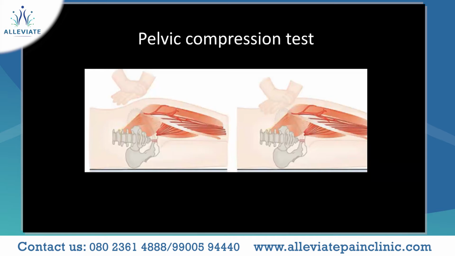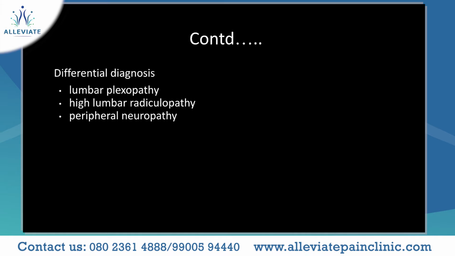In the illustrated diagram, the patient is lying laterally on the unaffected side, and we give pressure over the pelvis for about 45 seconds, and temporary relief of the patient's symptoms may be seen. Differentials, again, for all these lower limb entrapments: you have to rule out three very important things, that is lumbar plexopathy, high lumbar radiculopathy, and peripheral neuropathy.